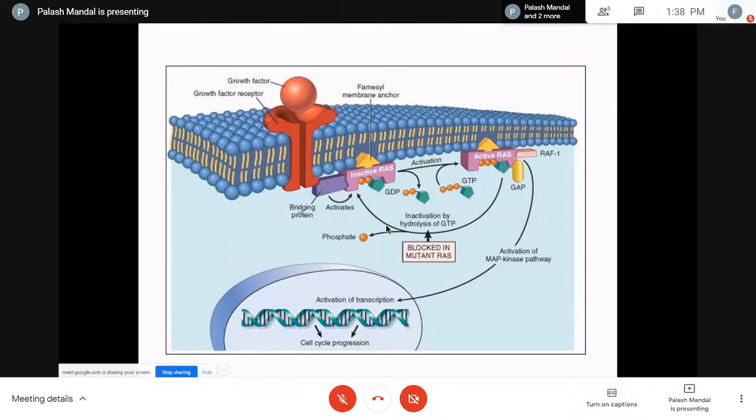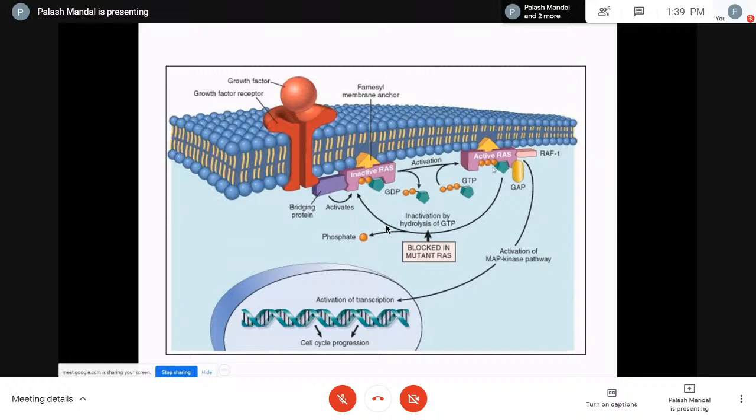Okay. Now this bridging protein is there. After getting some growth signal, it activates the inactive RAS into active RAS. So inactive RAS, which was bound to the GDP, becomes attached to GTP, guanosine triphosphate, instead of guanosine diphosphate, and this becomes active.